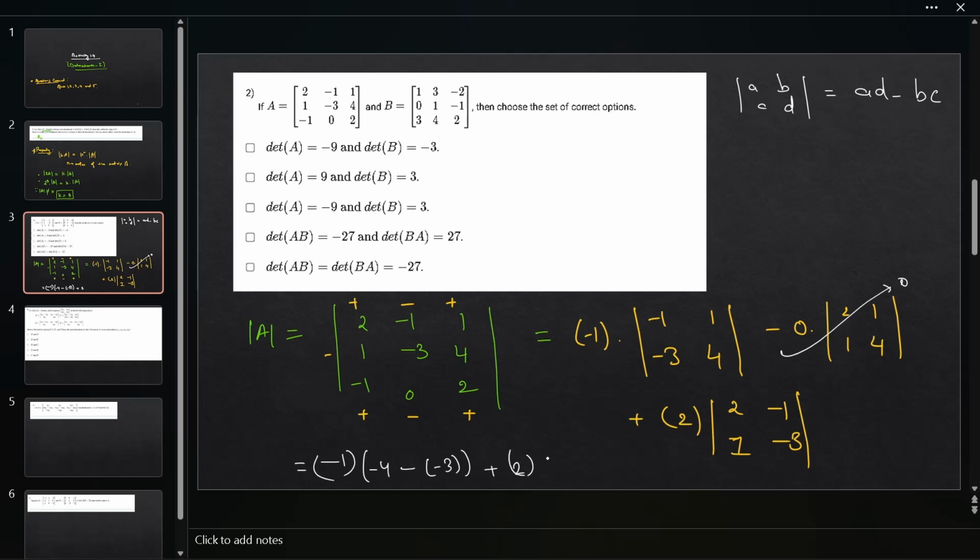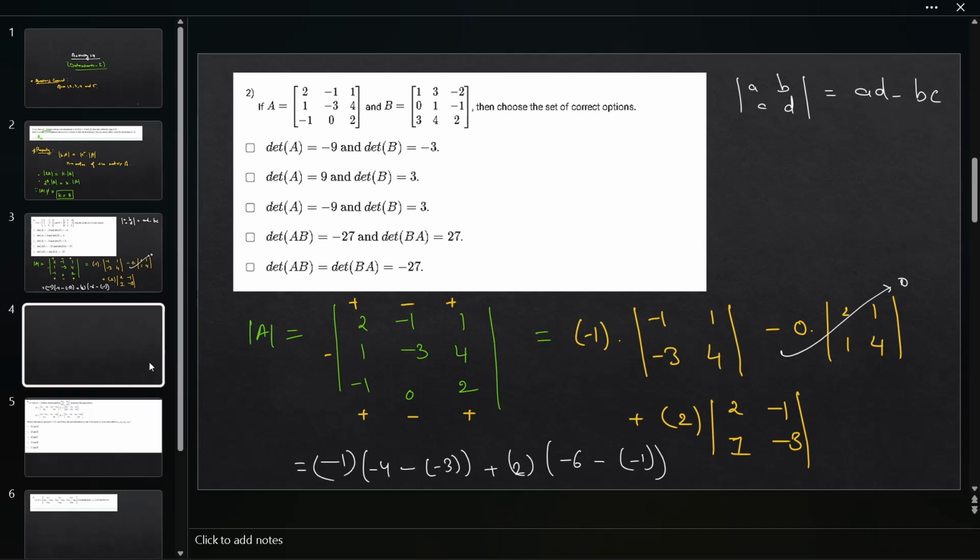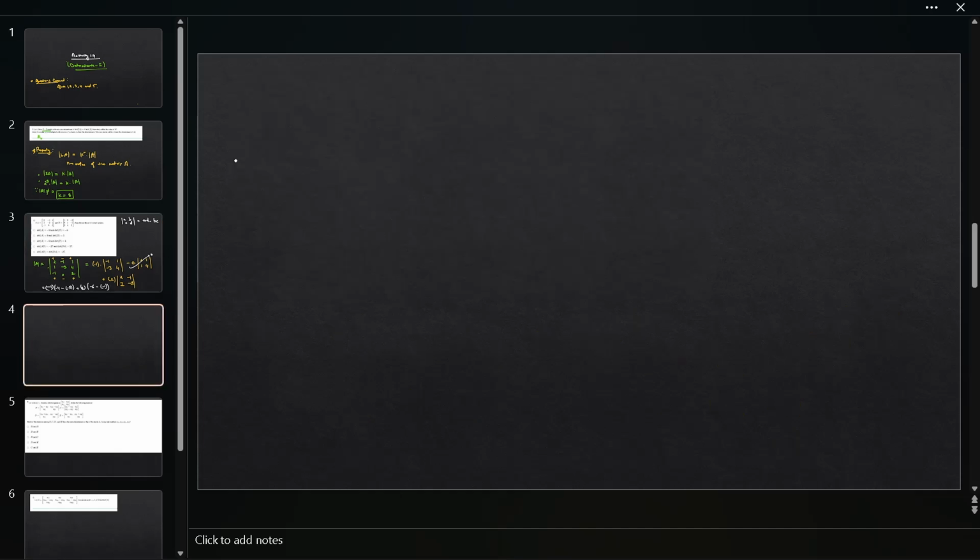Plus 2 into this determinant. So it's going to be 2 times minus 3, that is minus 6, minus of 1 times minus 1, that is minus 1. So now we have to solve for this. We have minus 4 plus 3, that is minus 1.